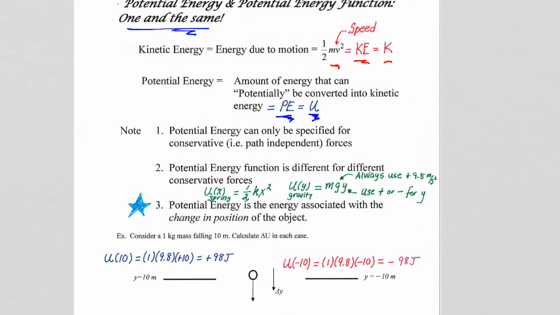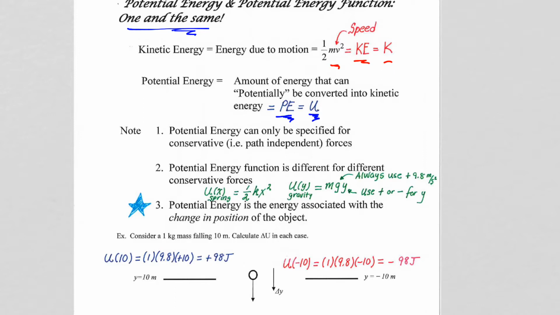Potential energy can only be specified for conservative, that is, path-independent forces. For us, only springs and gravity in this course. Friction has no ability to convert the work done by friction into kinetic energy. So we cannot define a potential energy function for friction, for example.